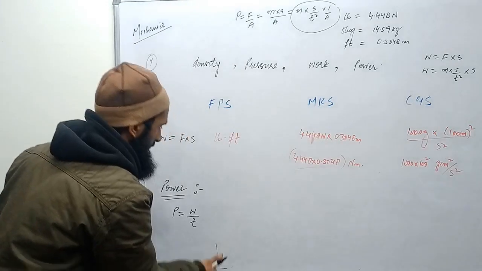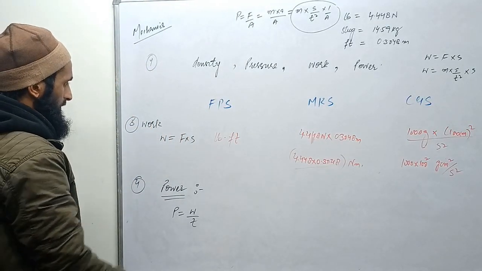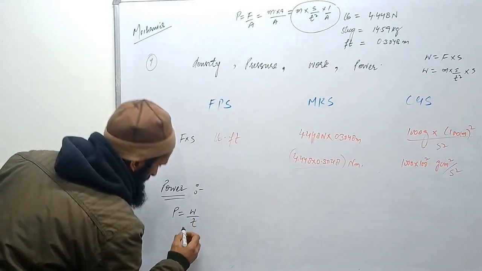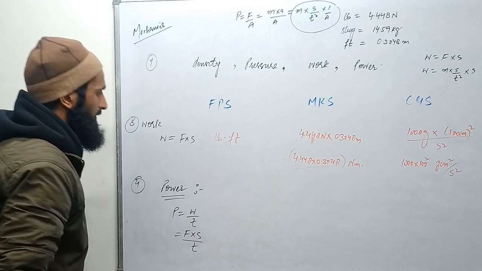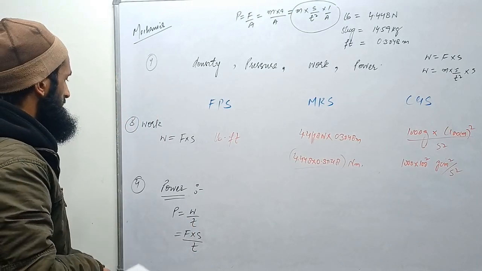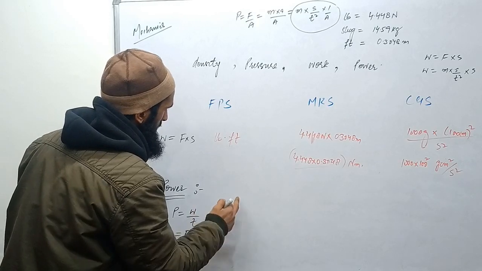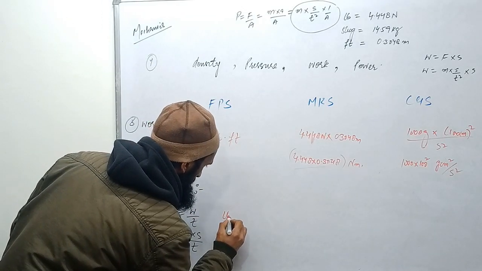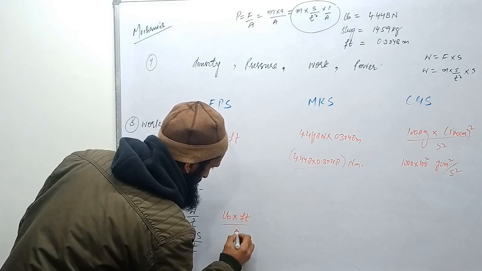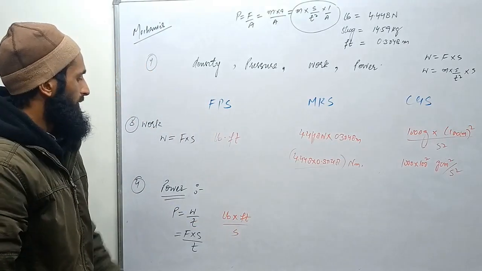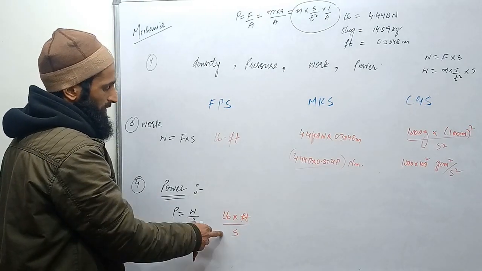That means power is W divided by T. Work we know is force into distance, divided by this T. So the unit of force in FPS system will be LB, this distance will be feet, and this time will be second. This will be its unit in FPS system.